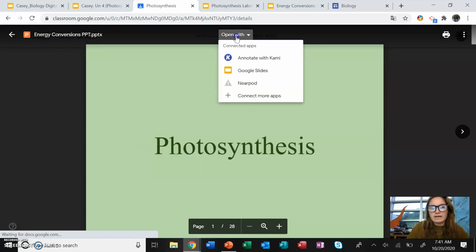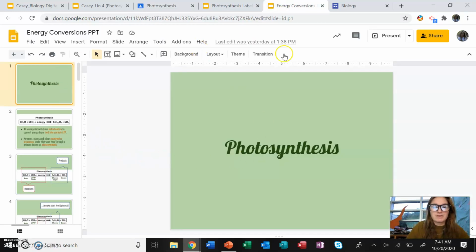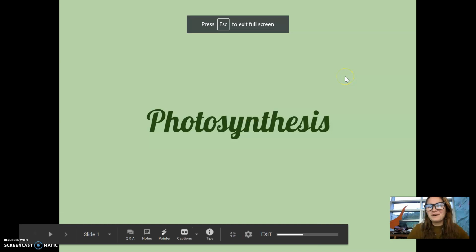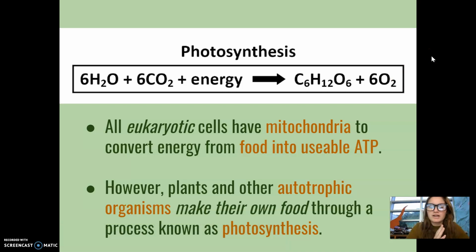So let me go ahead and, actually I've already got it open. So photosynthesis, such a great topic. Photosynthesis is important to discuss because it occurs in a lot of eukaryotic cells, primarily plant cells. But we do see that there are specific organelles that all of our eukaryotic cells have.